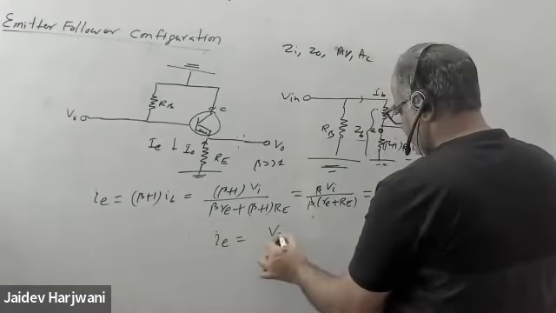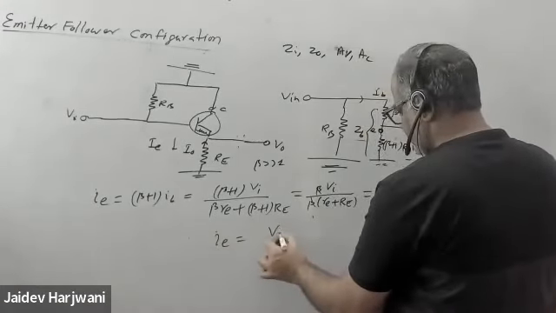Now from this I can easily find my V output. V output in terms of V input is equal to RE upon (RE plus RE).